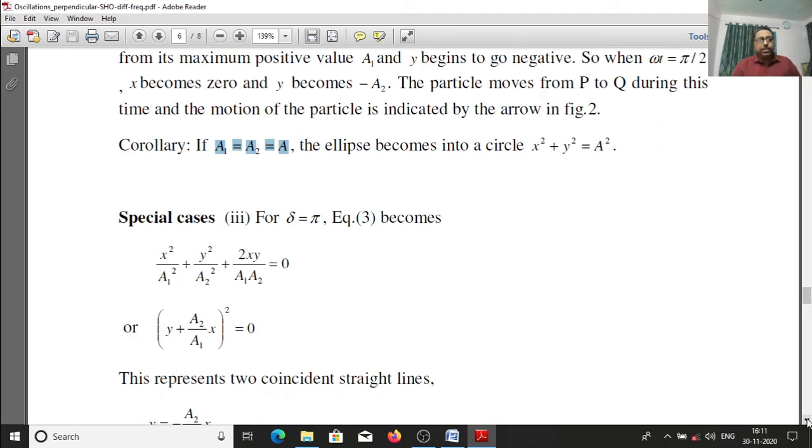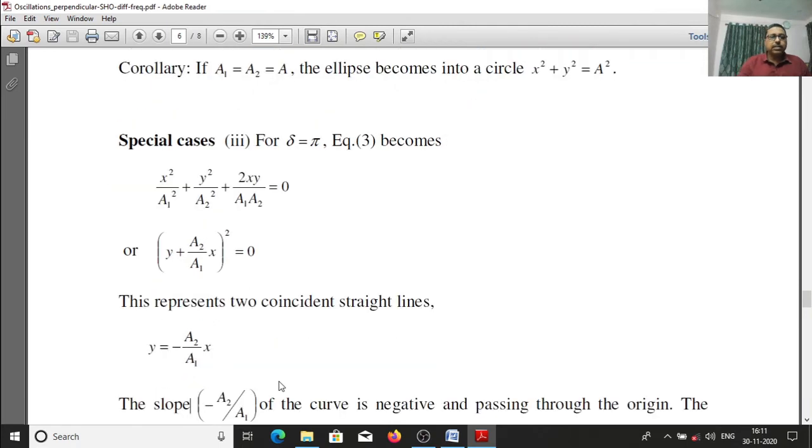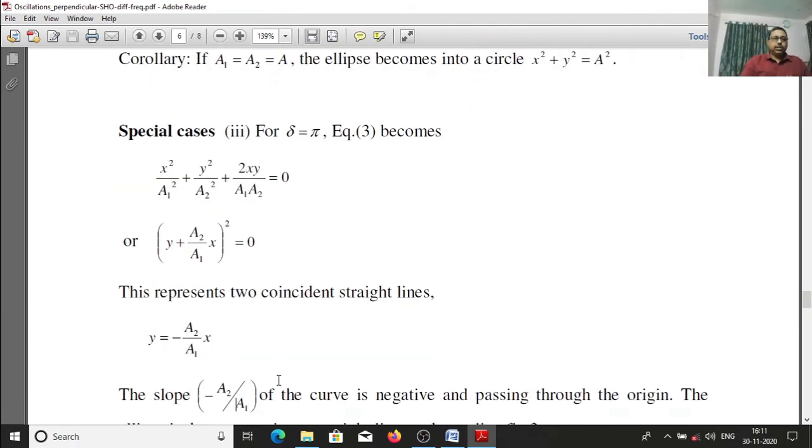Now from equation 3, with delta equal to pi, we get x square by a1 square plus y square by a2 square plus 2xy divided by a1 a2 equal to 0, or x by a1 plus y by a2, whole square, equal to 0. This represents again two coincident straight lines, y equal to minus a2 by a1 into x.